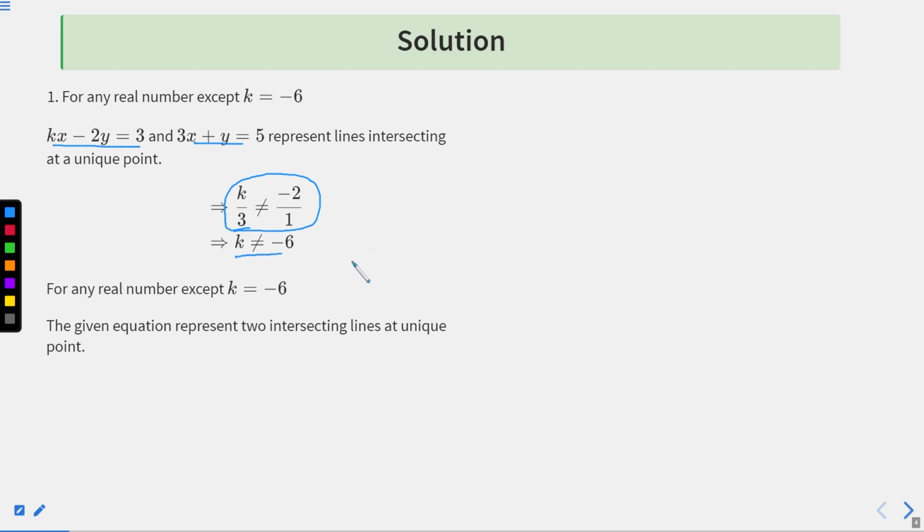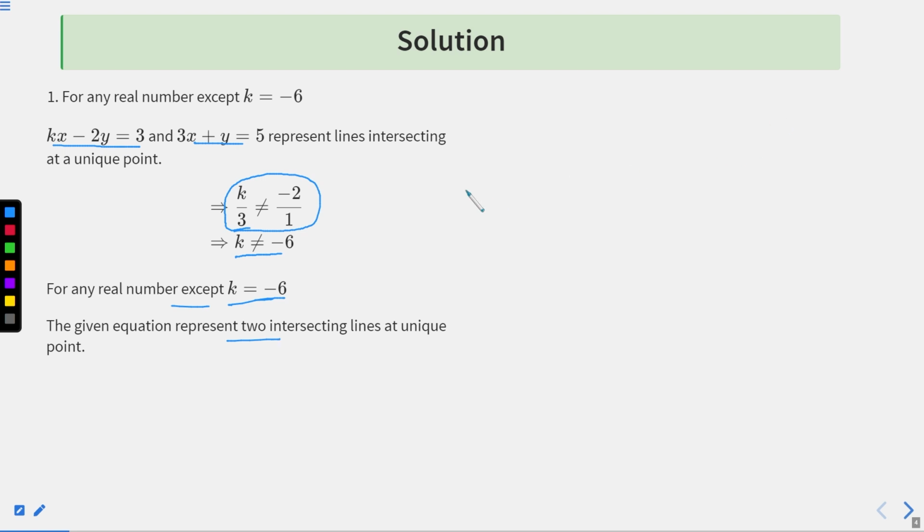So for any real number except k equal to minus 6, the given pair of linear equations represents two lines intersecting at a unique point.